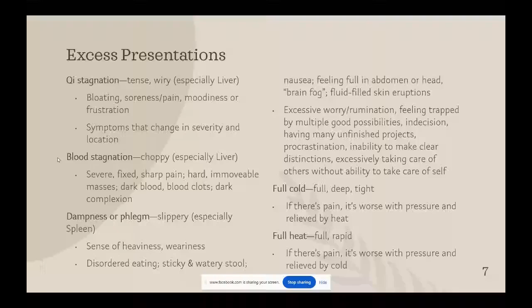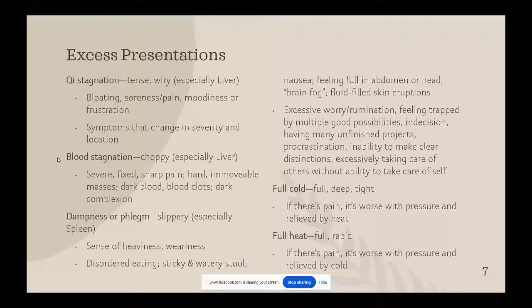Whereas blood stagnation is associated with more severe, fixed, sharp, ceaseless pain. Pain where people can point specifically to where it is. It could also result in hard masses in the body, tumors.